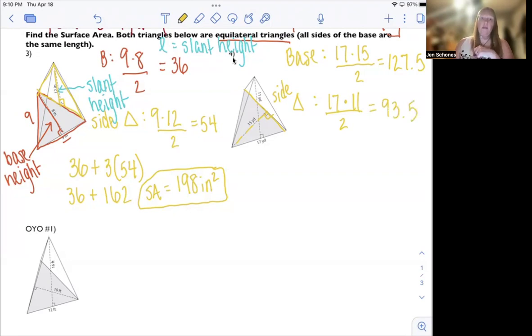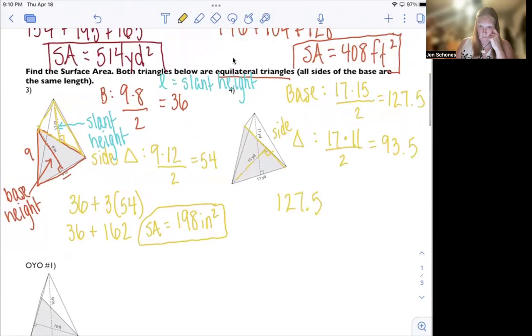So this triangular pyramid has a base, which is 127.5. And I apologize if that's been hiding back there. Plus, it has 3 triangles on the side that are all the same area. Okay, so when I do this one right here, I get 280.5. And then 127.5.